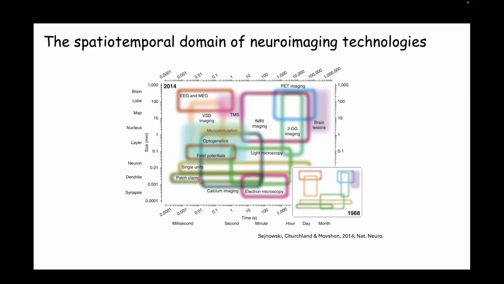The patch clamp technique can provide us a resolution at the cellular level, where you get activity from each individual cell, and it can provide a lot of breadth in the temporal resolution as well. So you can record the activity of each particular neuron, but how many neurons will you record from? You can record from individual cells, but not many cells at a time.